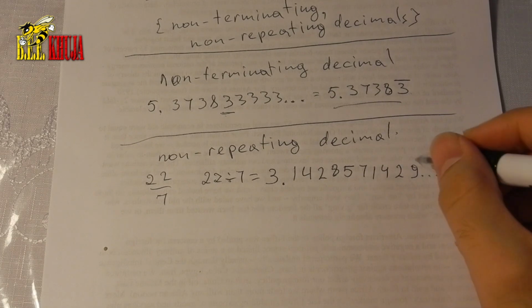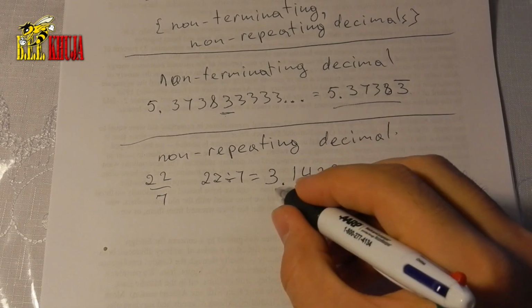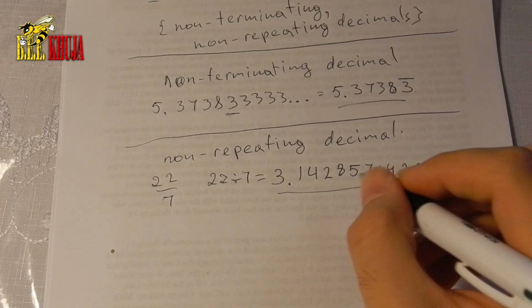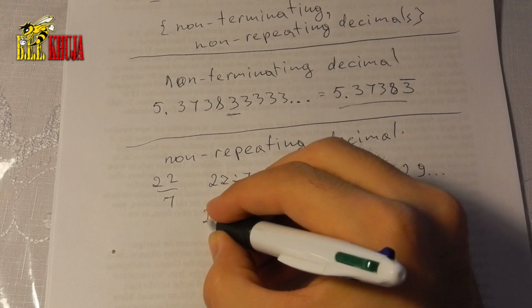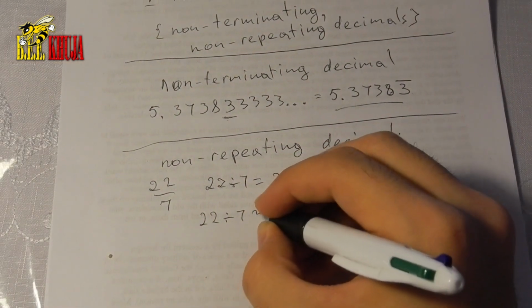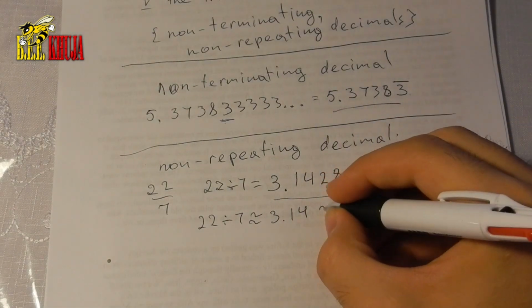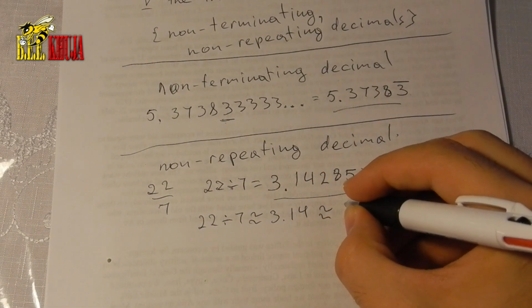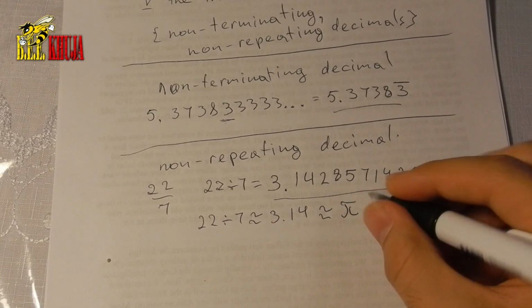That will not be repeated continuously. And this number can be written approximately as 3.14, and it's called pi, and the symbol will be written this way.